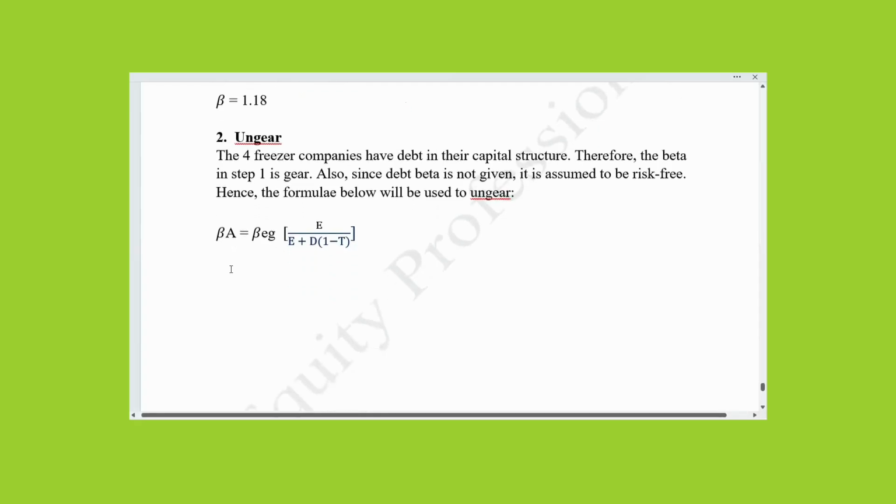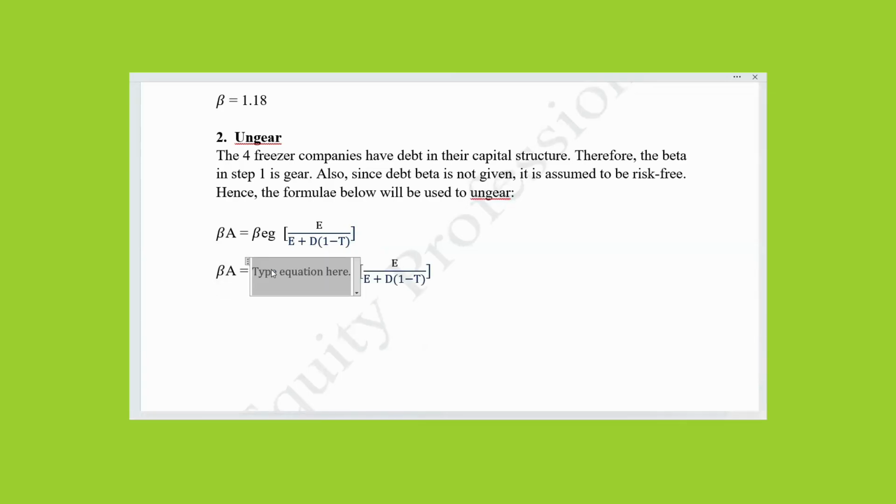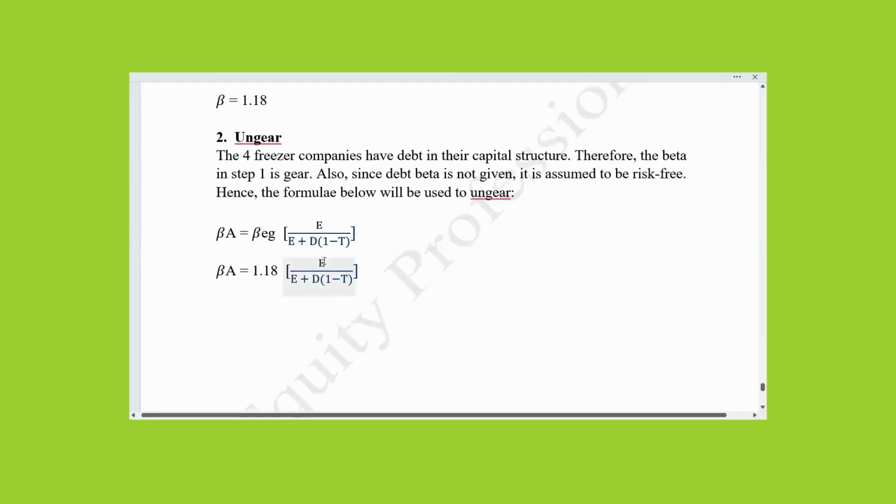Okay, then I will come here. Beta assets, or asset beta, is computed as beta equity of a geared company. The beta we identified in step 1 is 1.18, which is a geared beta. I need the equity value of the 4 freezer companies.